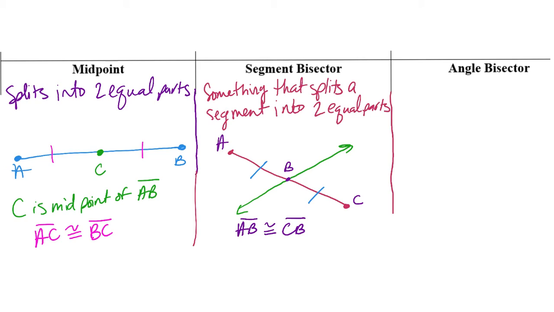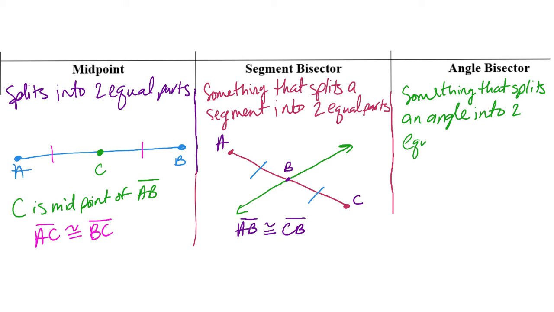Angle bisector is going to be something that splits an angle into two equal parts.